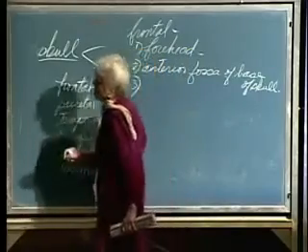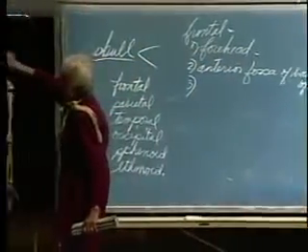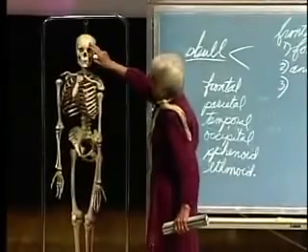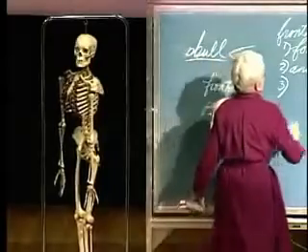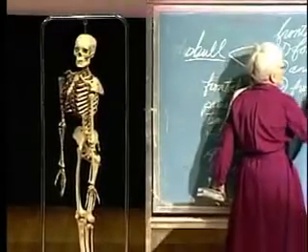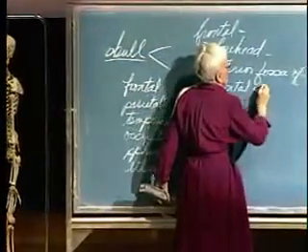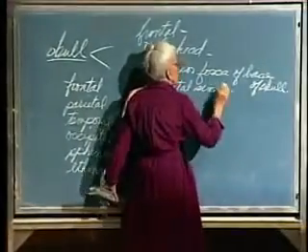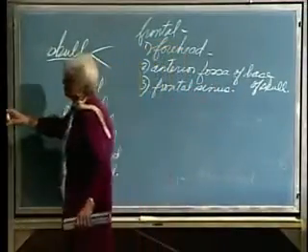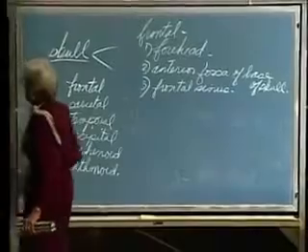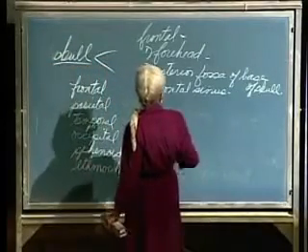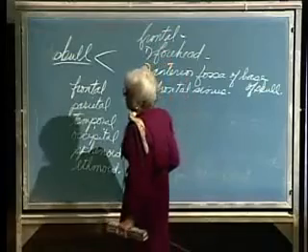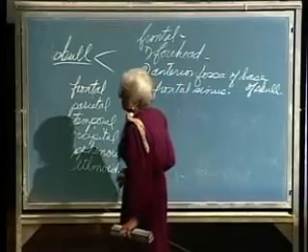The frontal bone, if I were to drill right here, I'd find a sinus, a cavity, the frontal sinus. Sometimes you see that on television. They're telling you what to use to clear out your sinuses, and they show you a frontal sinus. So this gives you some of the parts of the frontal bone.